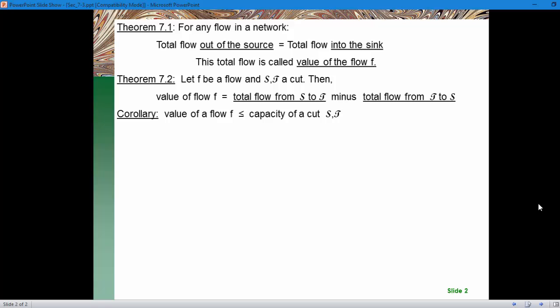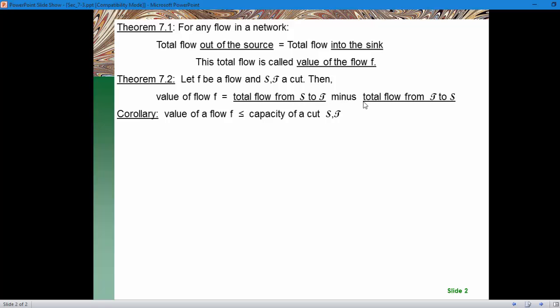And we have a corollary that says that the value of a flow F is less than or equal to the capacity of a cut S, T. So this comes from the theorem, because we look at this result here, that the value of the flow is the total flow from S to T minus the total flow from T to S. Well, we simply ignore this term of this subtraction, right?